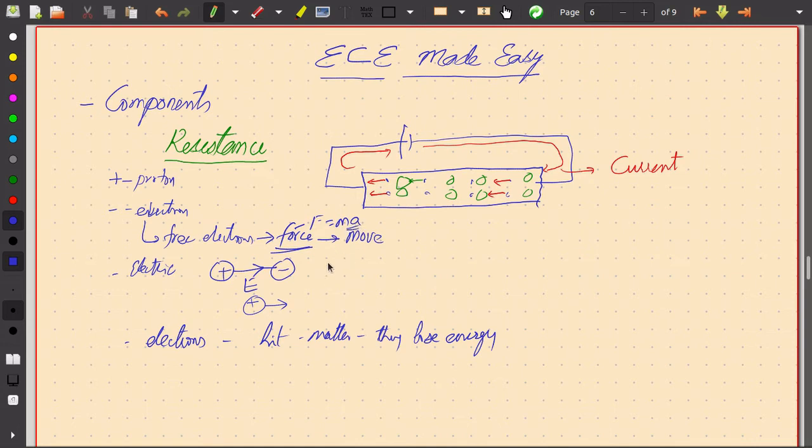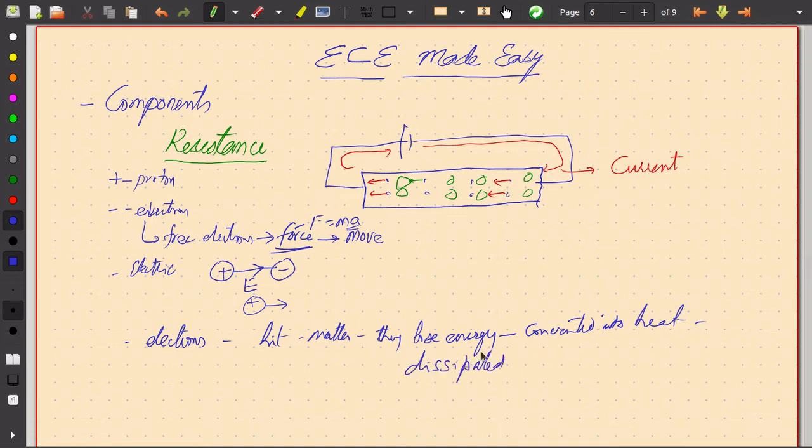Because of acceleration they are moving, and when they hit the matter they lose this energy, that's a kinetic energy, and this energy gets converted into heat, and heat gets dissipated into the atmosphere. And once dissipated cannot come back, and the system is losing the energy.